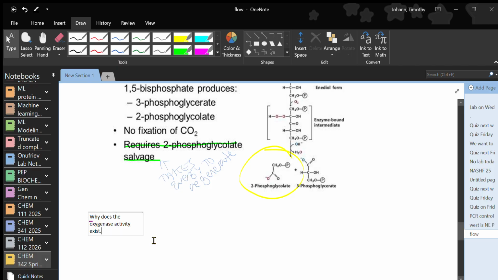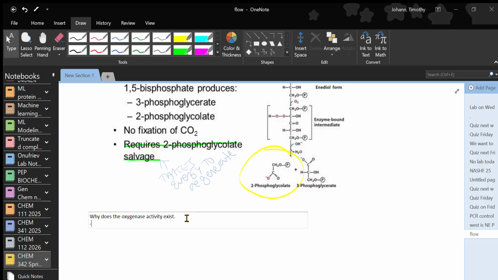It must exist for a good reason. There's been plenty of time for something to evolve that's more efficient than this. All right, so there are a couple of thoughts on this that I know of. Have your biology professors talked about this at all? Probably. If you can tell me what you think their favorite is, they may have looked at this more than I have.